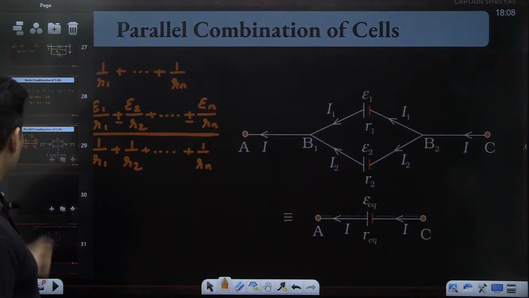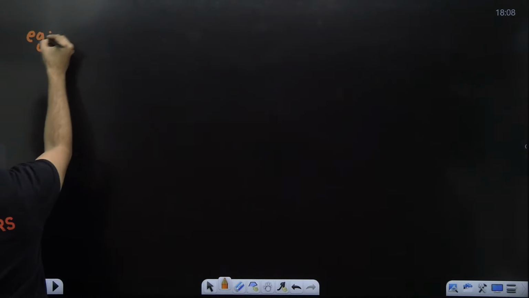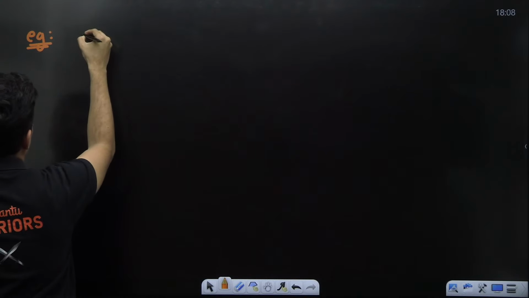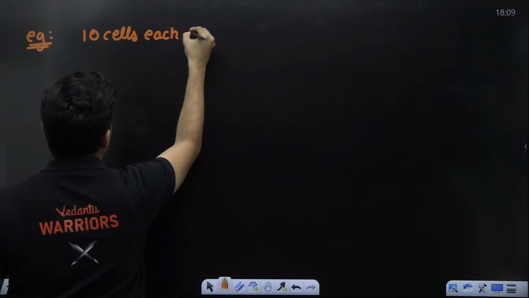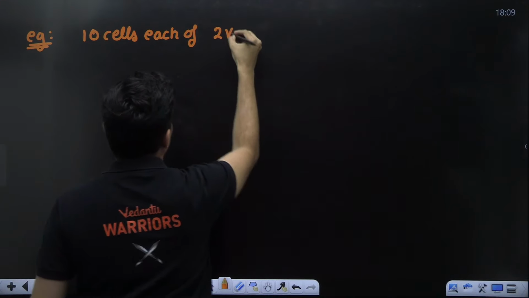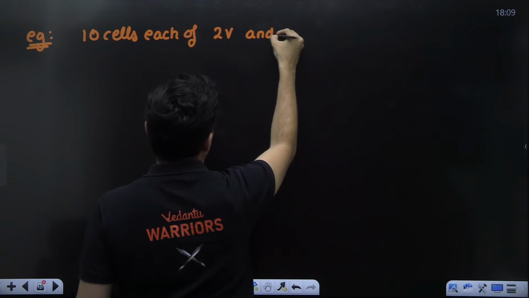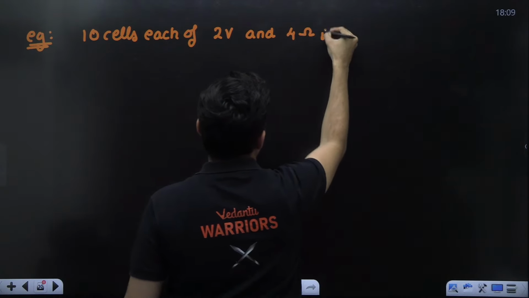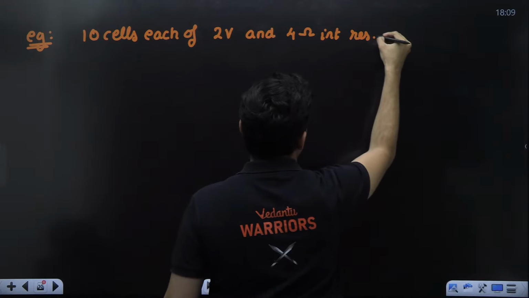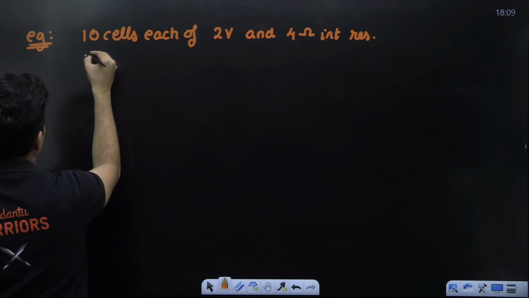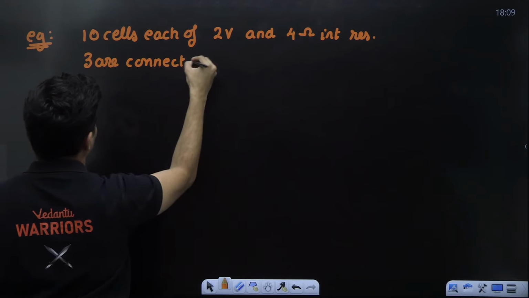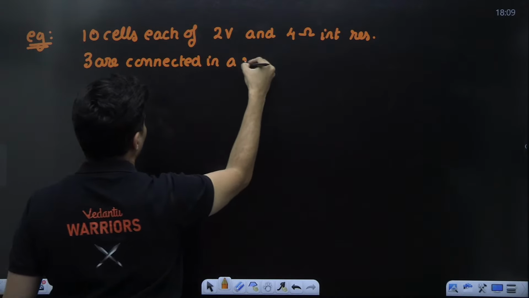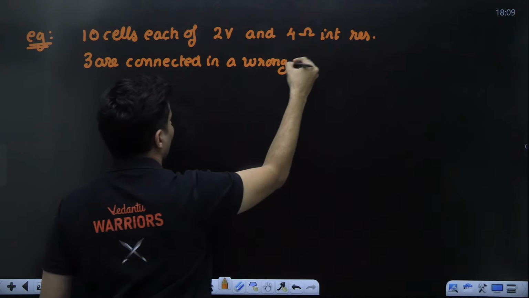Let's learn how to use these formulas, maybe for simple questions. Say, for example, there are 10 cells, each of 2 volts and 4 ohm internal resistance. 3 are connected in a wrong way.